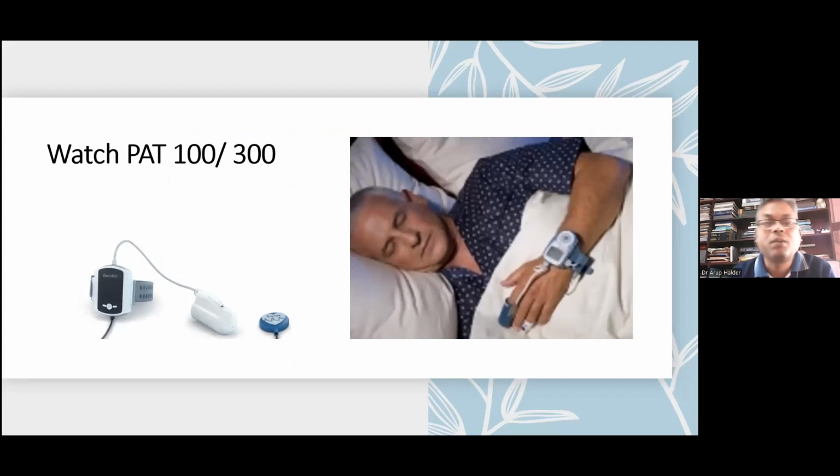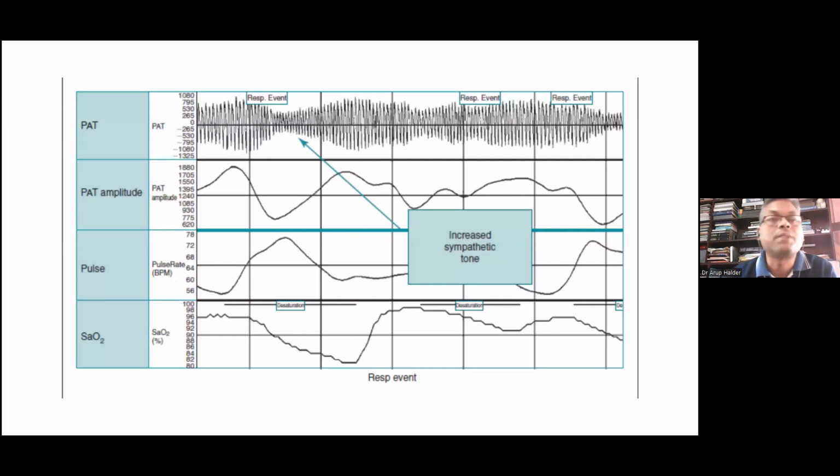But what has been discussed recently in our conference is this type of devices, WatchPAT 100 and 300, which is known as Itamar 100 and 300. These are new kinds of devices which are being used in home sleep apnea testing now, and these are based on the principles of peripheral arterial tonometry, pulse amplitude, and oxygen saturation.